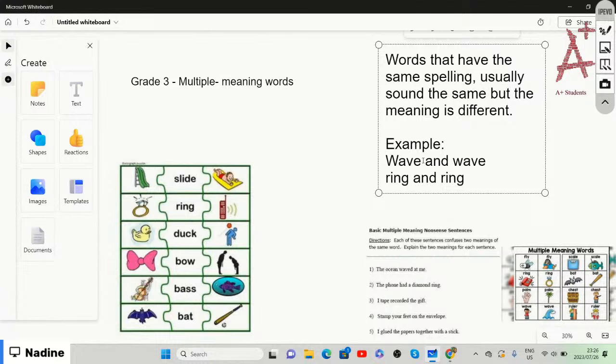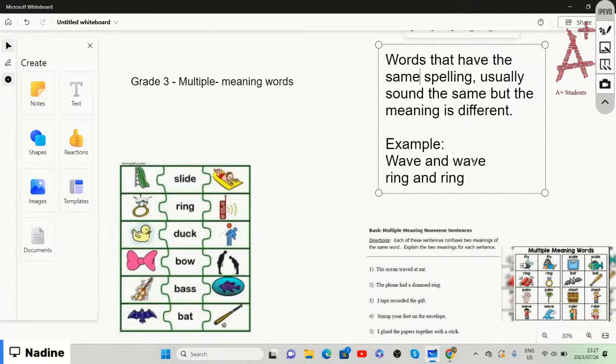Then we also have examples like wave and wave. The first wave can be the waves of the ocean or the beach, and another meaning of wave can be where you are greeting someone, lifting your arm and waving to them from a distance. And then we have ring and ring.